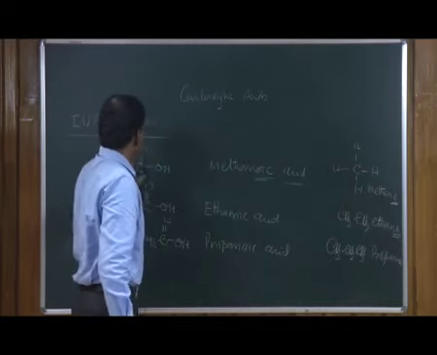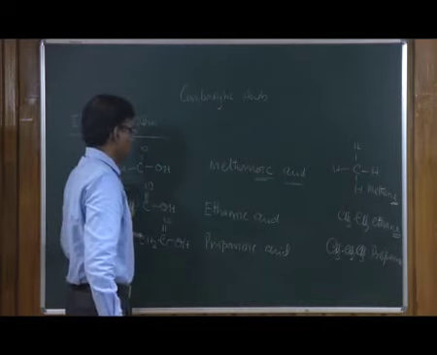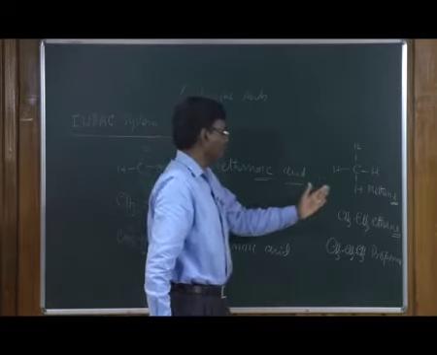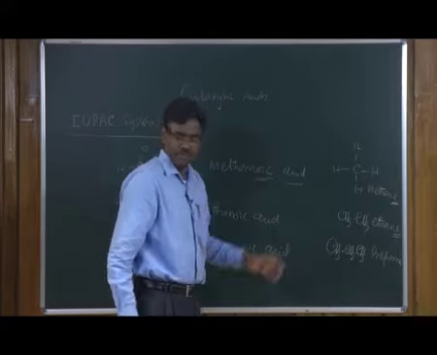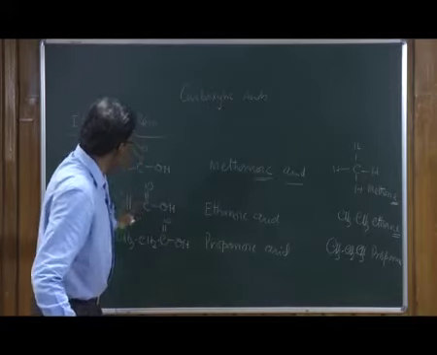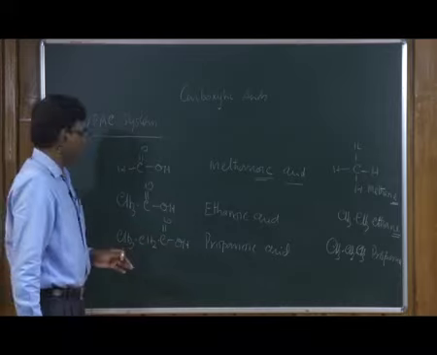Basically, in the IUPAC system, the names of carboxylic acids are derived from the corresponding alkanes by replacing the suffix E with oic acid. And these all are examples for aliphatic carboxylic acids.